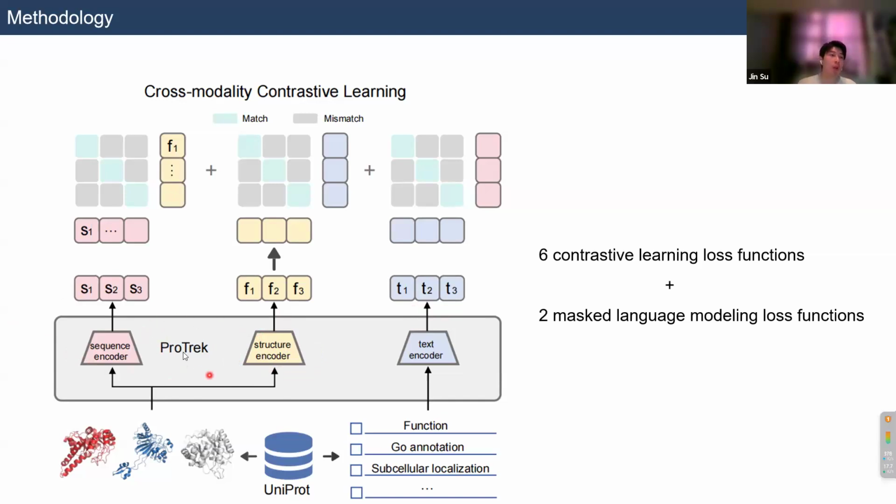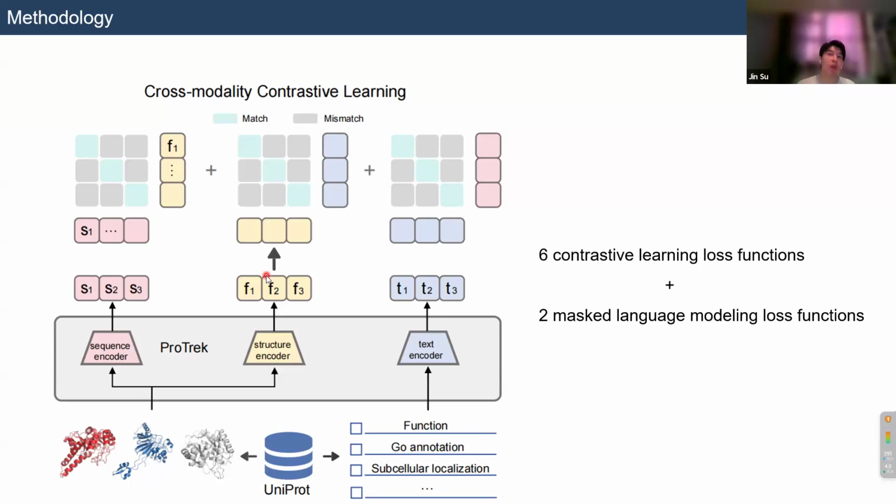During training, we encode the protein into sequence and structure, and we also input its corresponding function. This text description can be function, GO annotation, or subcellular localization.